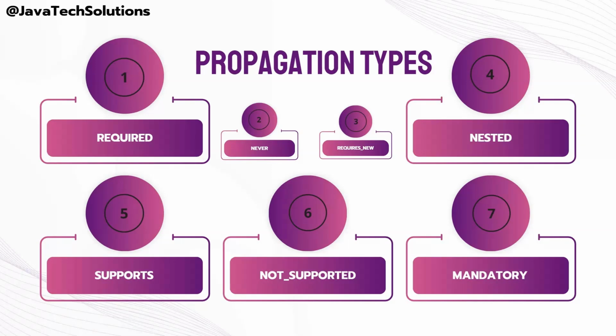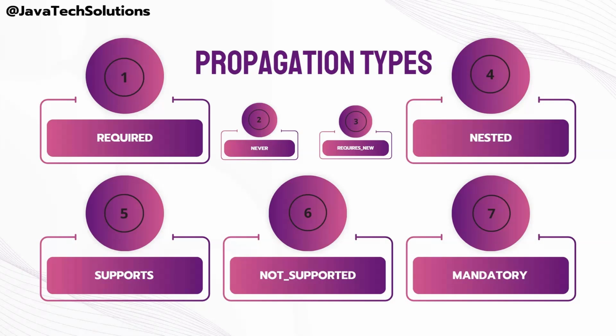This is the default behavior of the propagation type. Okay. Next we'll talk about NEVER, which means it must run non-transactionally. It will throw an exception if any transaction exists. Then we'll talk about REQUIRES_NEW. It suspends the existing transaction and creates a new one.